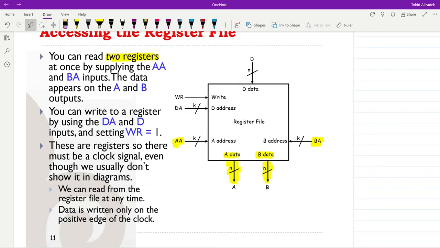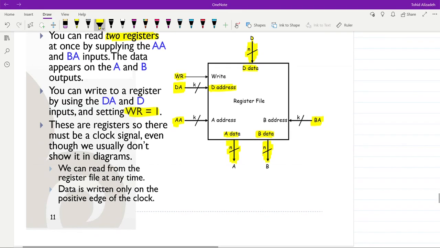However, we can write to a single register at a time because we have a single data address here and a single line of data over here. So with write equal to 1, we can write whatever we have in the data line into the register which is specified by the D address.